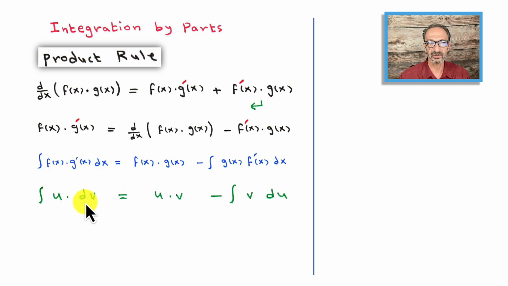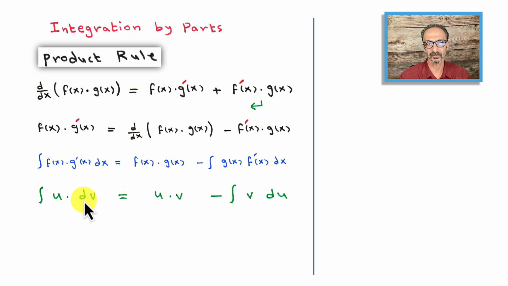Integration of u dv, as if this is dv and this is u, will end up u, that's the same f right there, which is u, times g. If this part is dv, v will be g by itself.